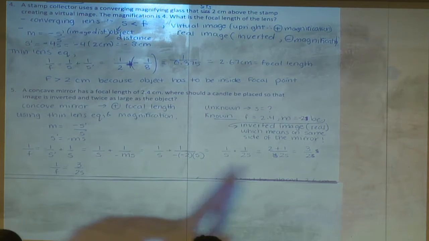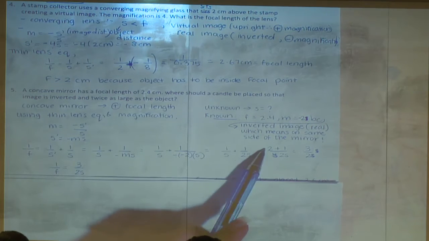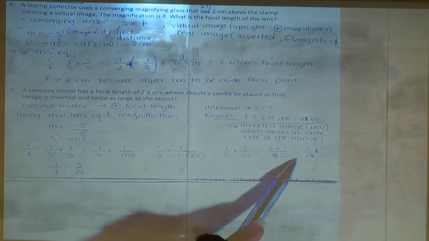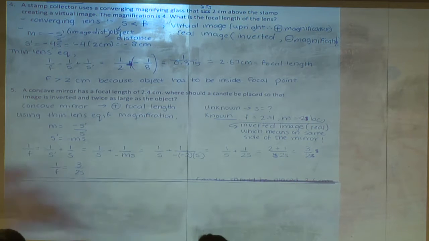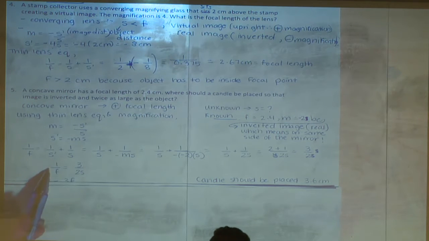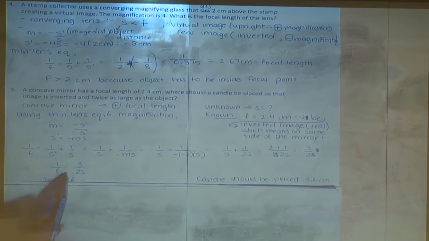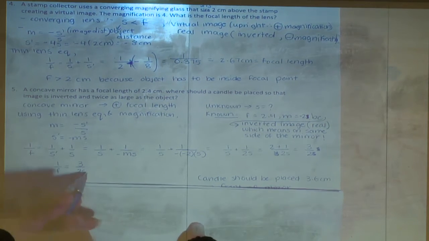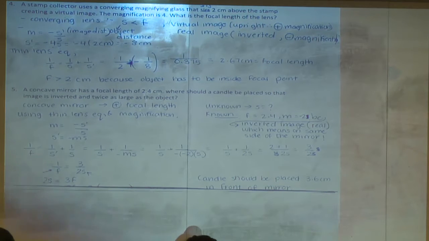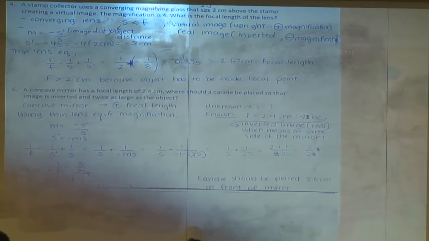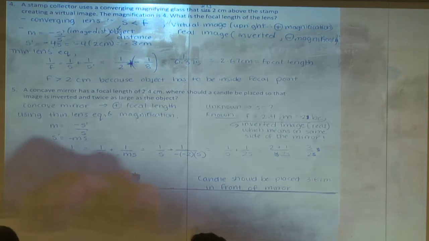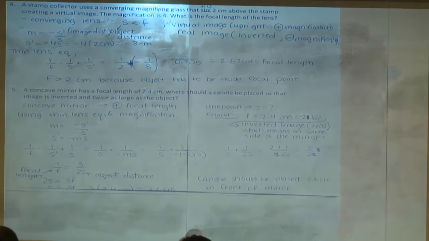And if you find the common denominator, we're going to have 3 over 2s. So 1 over focal length equals 3 over 2s, right? This is the object distance, and this is our focal length. Let me write that down. Which is essentially what we're looking for.